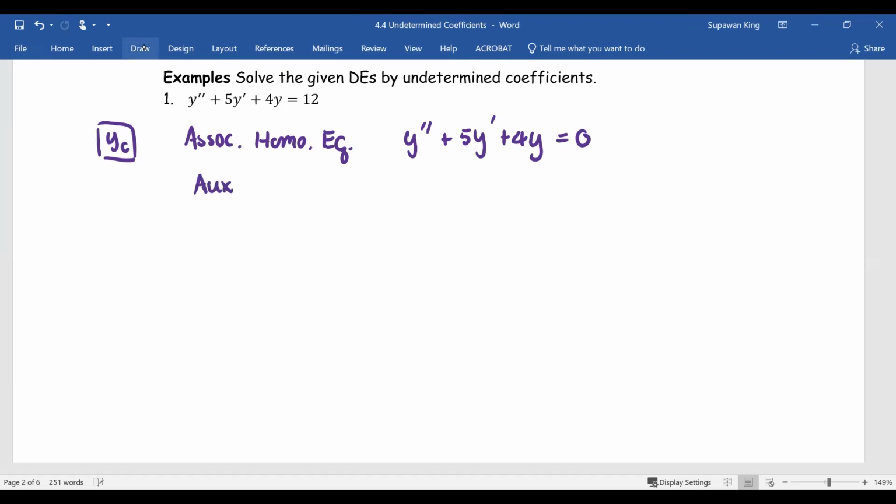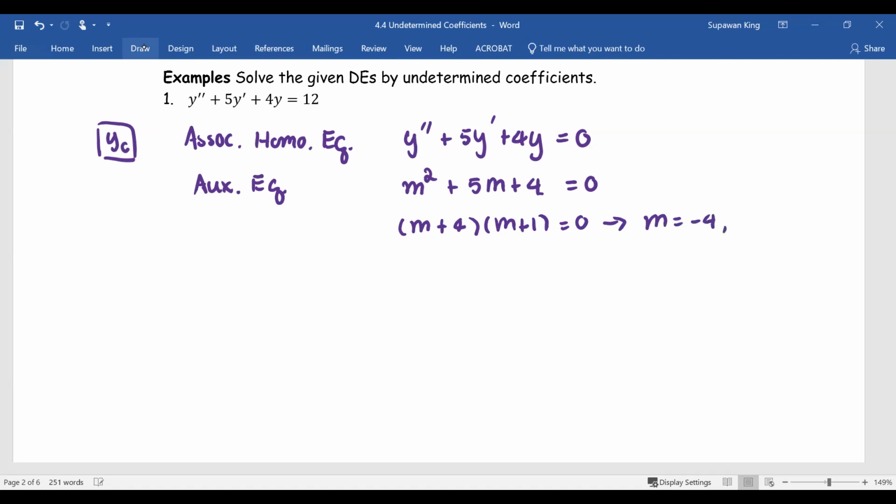The auxiliary or characteristic equation is m squared plus 5m plus 4 equals 0. Factoring completely, we have m plus 4 times m plus 1 equals 0. That gives us m equals negative 4 and m equals negative 1.